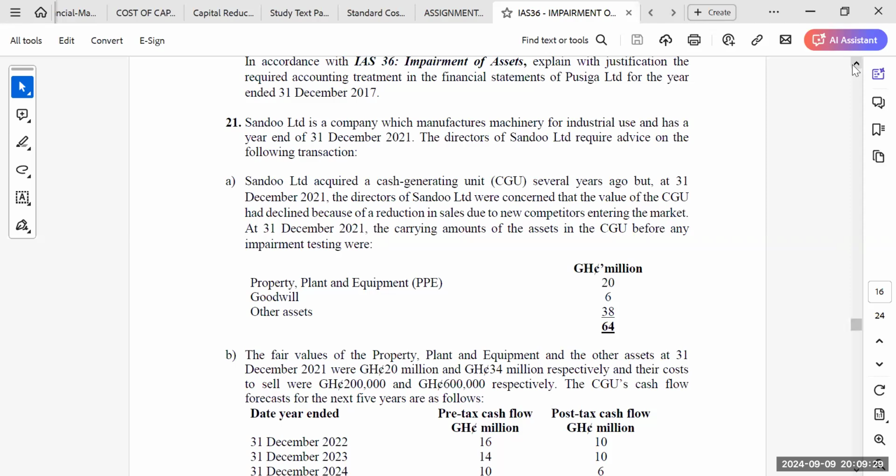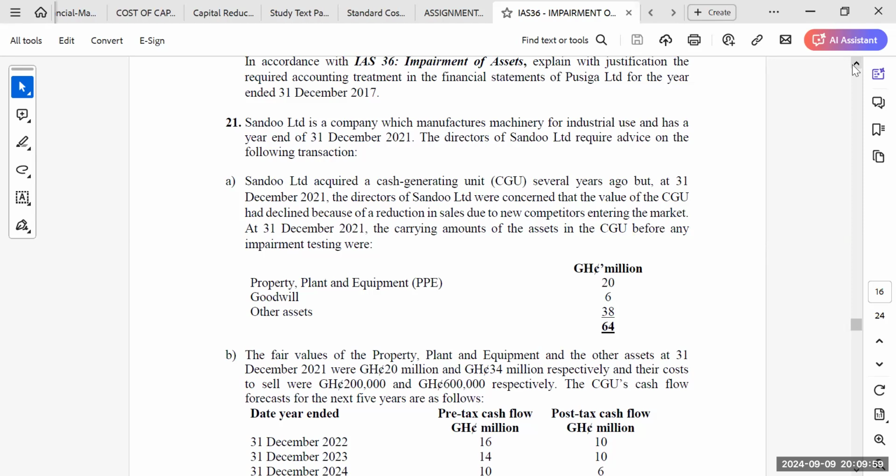Sandu Limited is a company which manufactures machinery for industrial use and has a year end of 31st December 2021. The directors require advice on the following transaction. A. Sandu Limited acquired a cash generating unit several years ago, but at 31st December 2021, the directors were concerned that the value of the CGU had declined because of a reduction in sales due to new competitors entering the market.